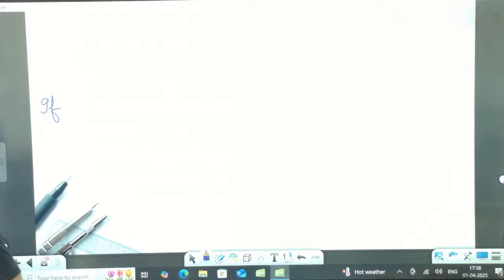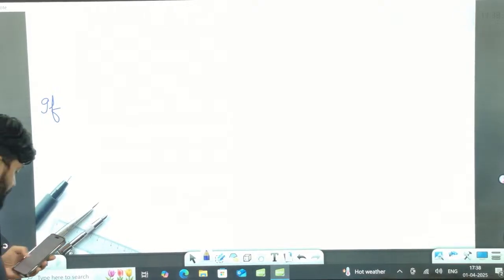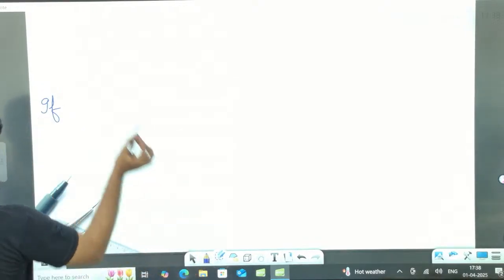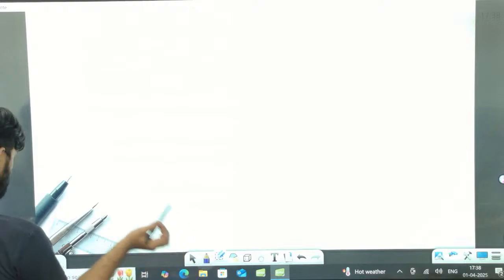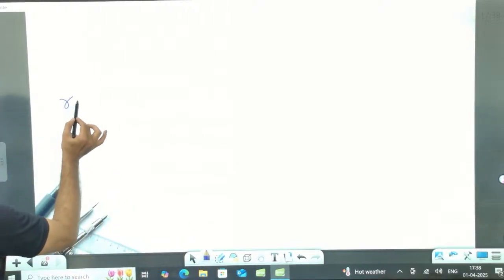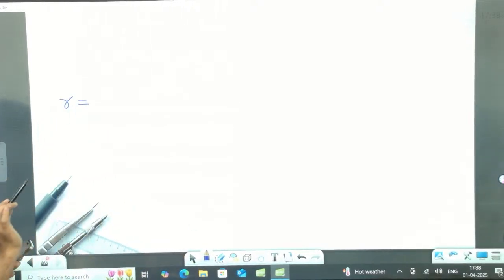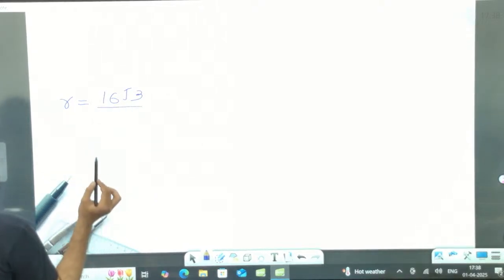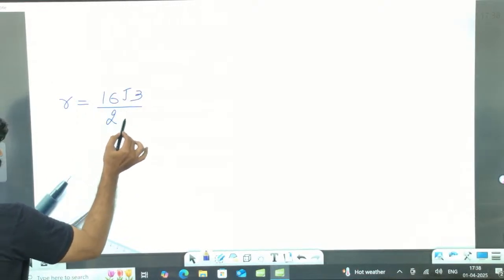Look at the board, please. In radius will be what? A by 2 root 3. So A is 16 root 3 and this is upon 2 root 3.